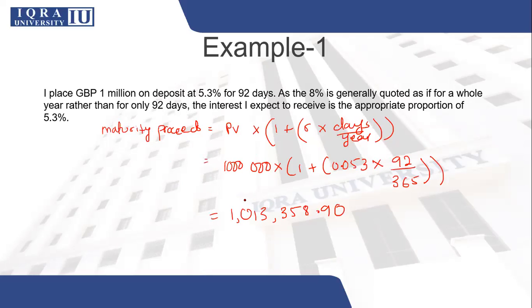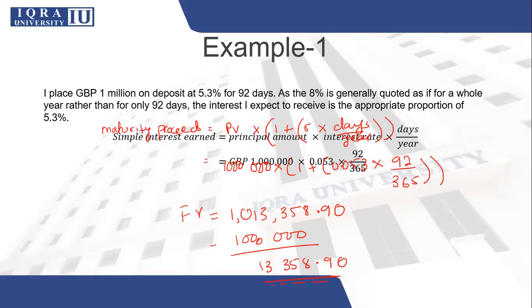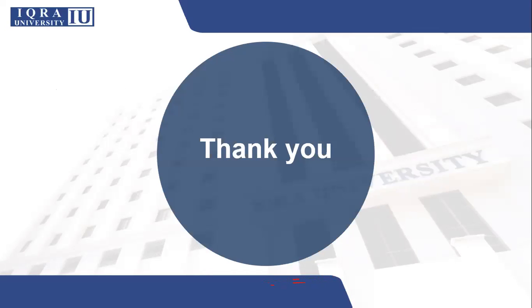So you got the maturity proceeds, the future value, directly using this formula. After 92 days, you will have this much, and the amount you invested was 1 million, so if you subtract, you get the interest amount. This is how you calculate the future value given the present value. The calculations are also done in the slide for your future reference.